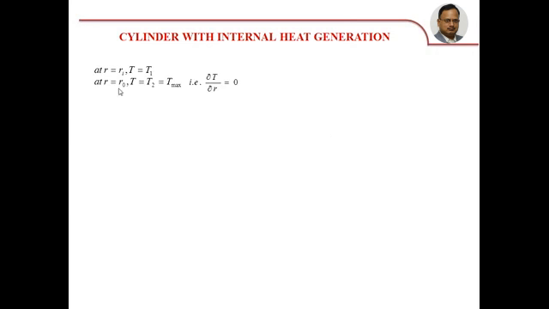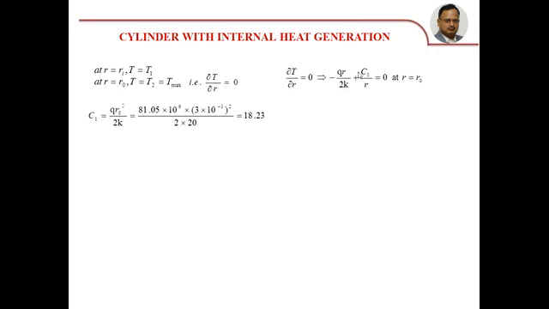Now the boundary conditions are: at r equal to ri, T equal to T1, that is 34.05, and at r equal to r naught, T equal to T2, that is nothing but T maximum, which indicates dT by dr equal to 0. Which means q dot r by 2k plus C1 by r equal to 0, and hence C1 equal to q dot r naught square by 2k at r equal to r naught.